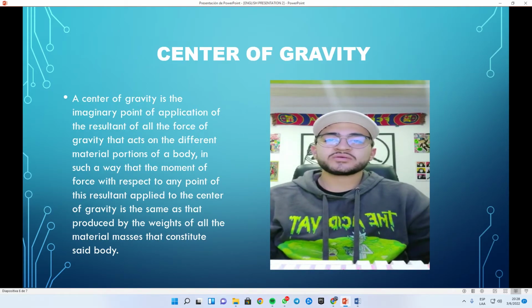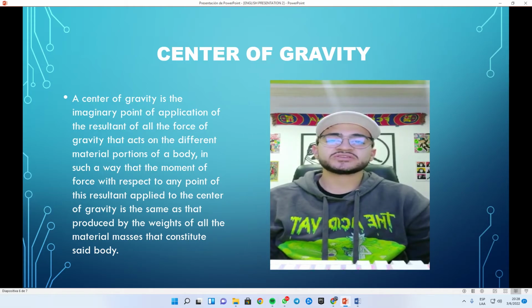A center of gravity is the imaginary point of application of the resultant of all the forces of gravity that act on the different material portions of a body, in such a way that the moment of force with respect to any point of this resultant applied to the center of gravity is the same as that produced by the weights of all material masses that constitute said body.